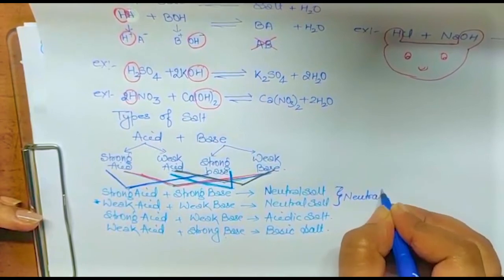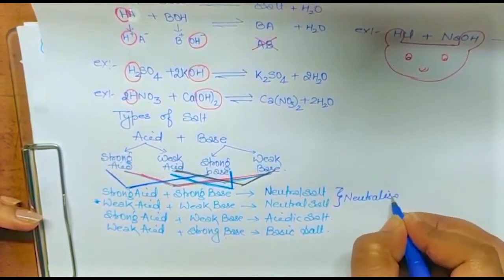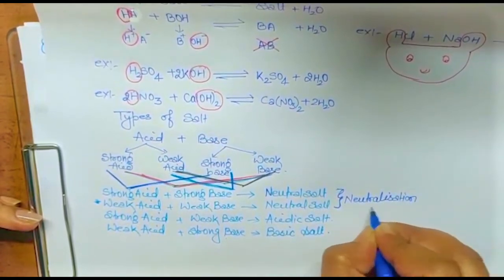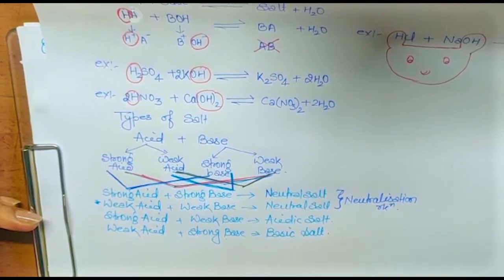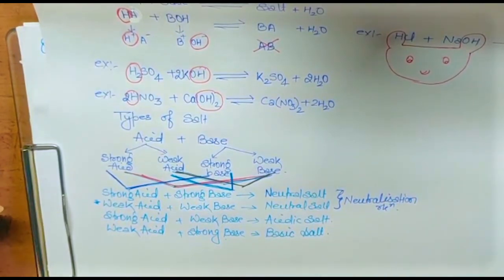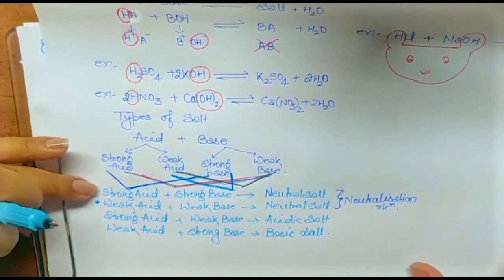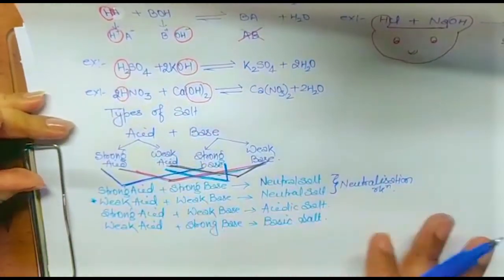Why? Because here only they are neutralizing each other's effect, isn't it? So actually basically these two reactions are only neutralization reactions. Out of that, this reaction won't occur at normal condition without any booster, without any catalyst and all that. Clear, bache?